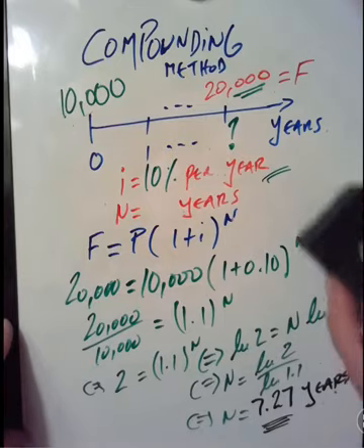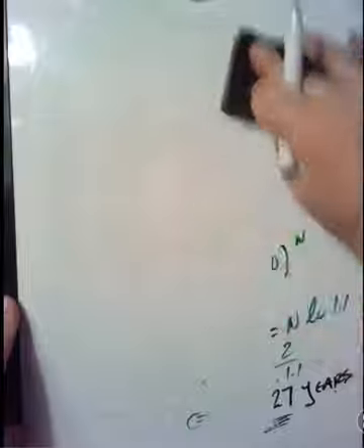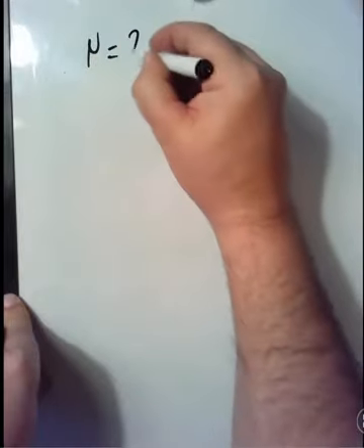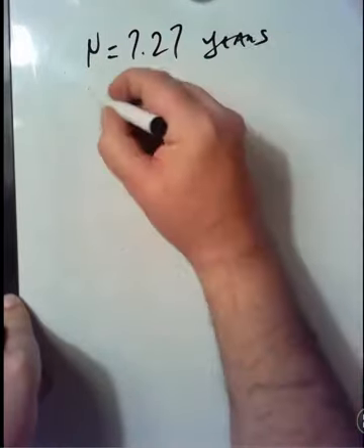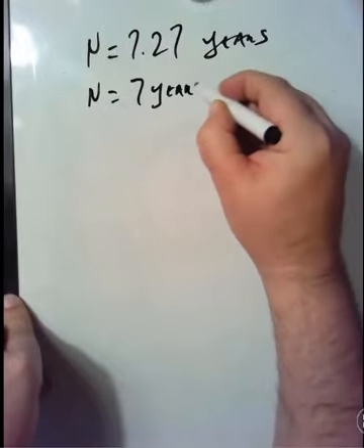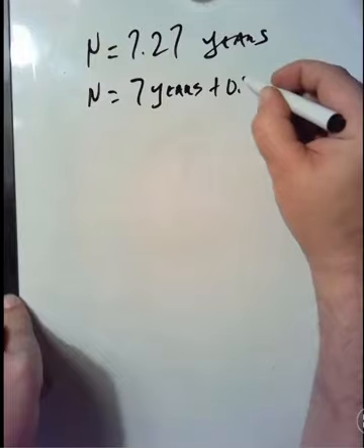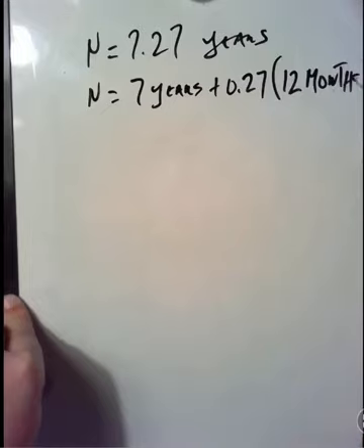So we said that n would be equal to 7.27 years. So this is equal to, say, 7 years plus 27% of 12 months.